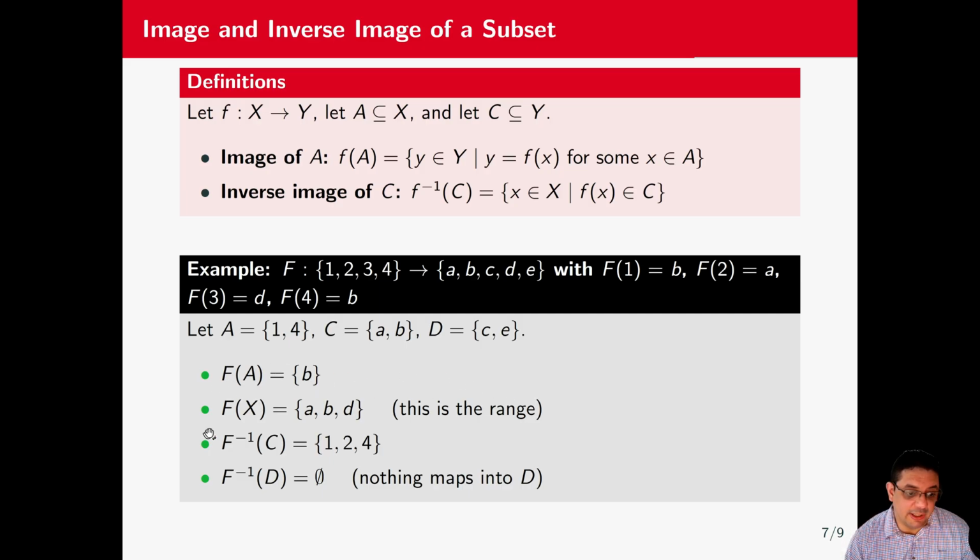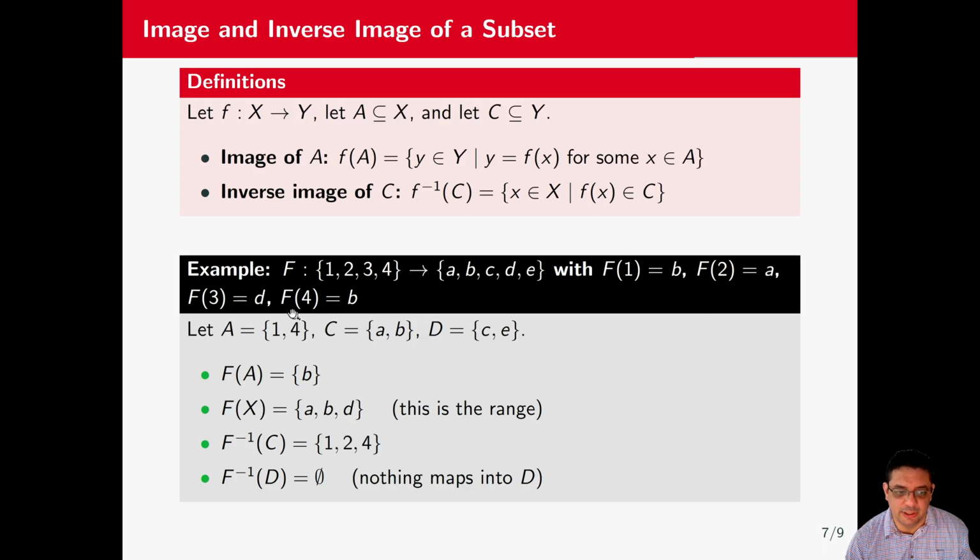Now, if I consider the image of the whole set, the domain {1, 2, 3, 4}, then of course that's going to be sent into {a, b, d}. So this is providing me with the range. Now, if I think about, well, what is the inverse image of, let's say, C? With C, we want to look at the x's that are related with a and b. So for a and b, we have 2, and then you see 1 and 4 also here.